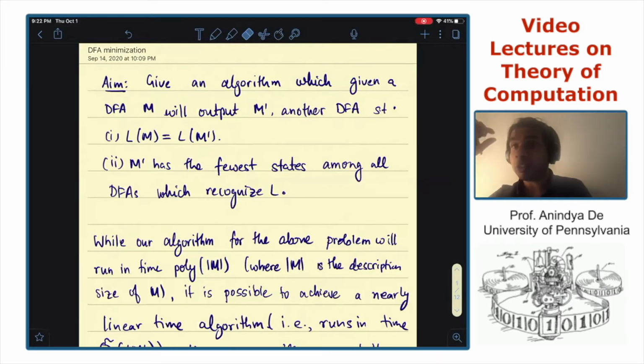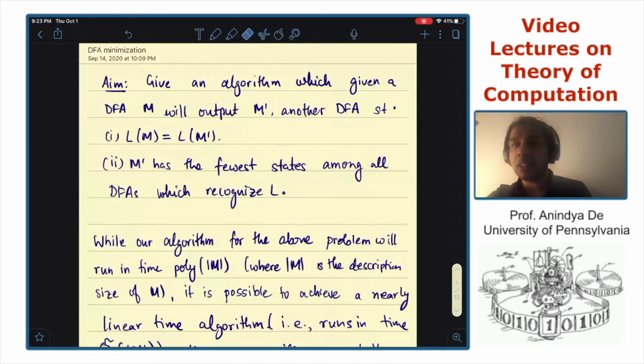If instead you were to think about general programs, then later in the course you will see that finding the best program computing a language, when you think not just of finite DFAs but also arbitrary programs, let's say C programs or something, then a similar algorithm is provably impossible.